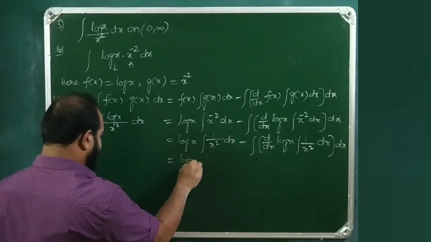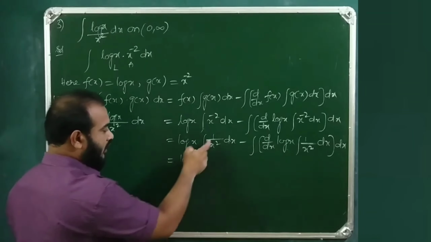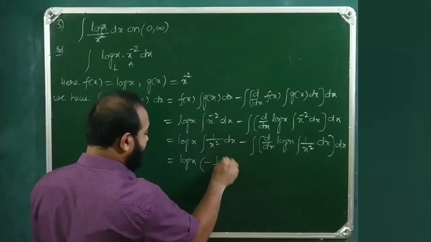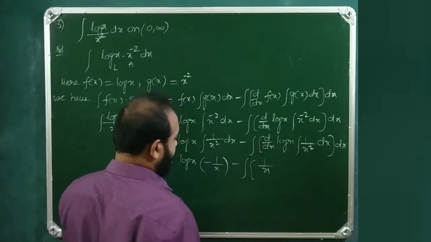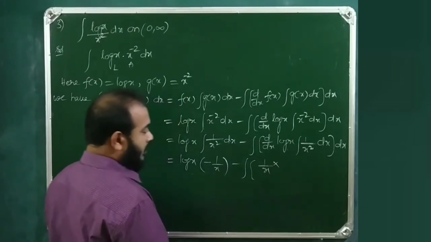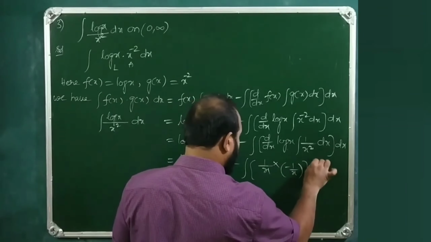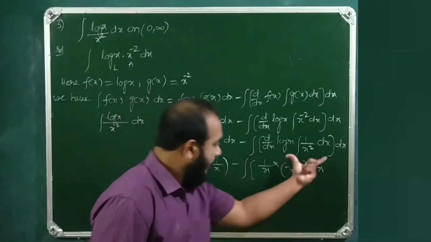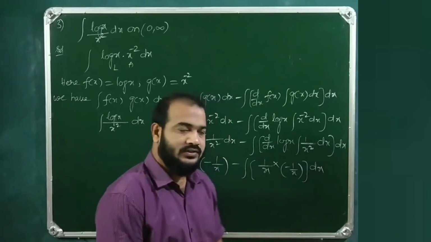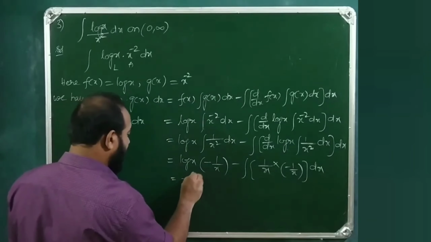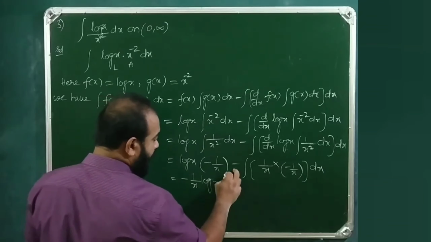This is equals to log x into integral 1 by x square is minus 1 by x, minus d by dx of log x is 1 by x into integral 1 by x square is minus 1 by x, whole dx. Integral 1 by x square dx is minus 1 by x, bracket closed dx. This is minus 1 by x into log x. So minus into minus plus.